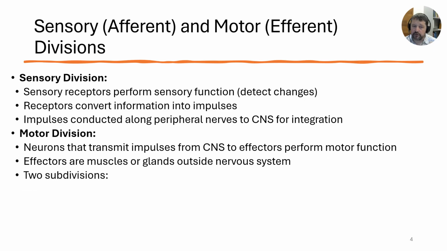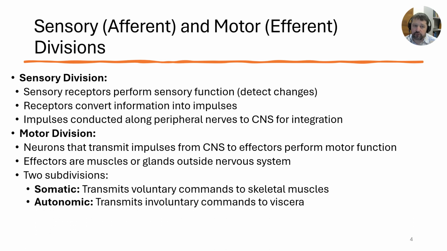Motor division, these are going to perform a motor function. The effectors are the muscles, also the glands outside of the nervous system. And we'll look at these glands in much more detail later on. Two main divisions of the motor division: somatic, that's skeletal muscle, which we spent a lot of time talking about, and autonomic, which is involuntary commands of the viscera.